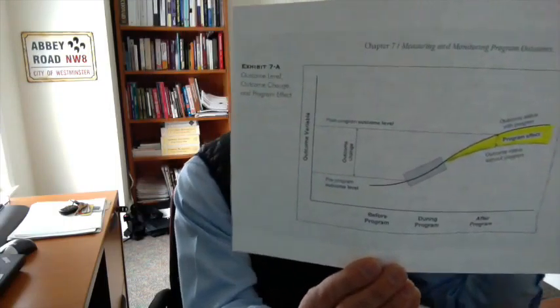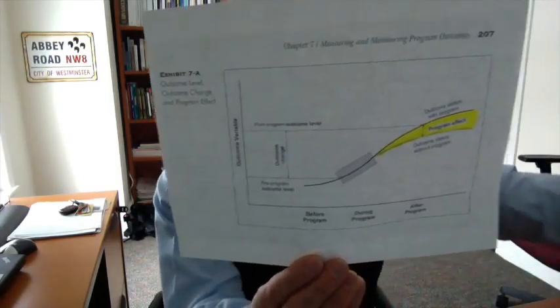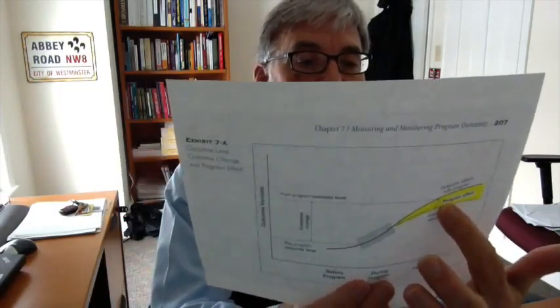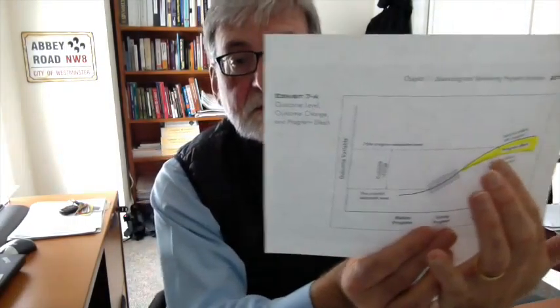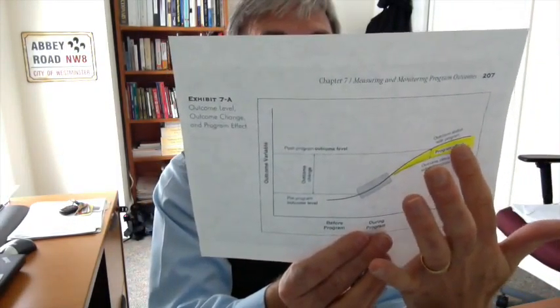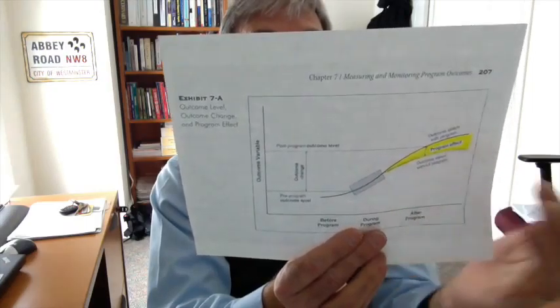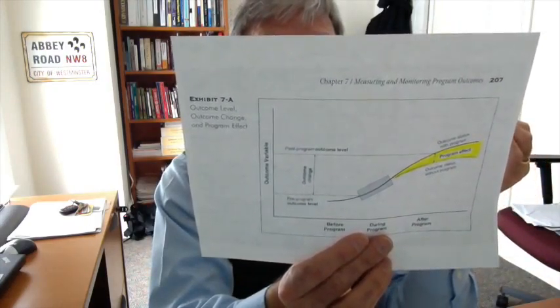Hopefully that worked well. Okay, but the problem is that estimating what the clients would have done without the program is virtually impossible, right? And I'm going to read now from page 267, Bias in Estimation of Program Effects.